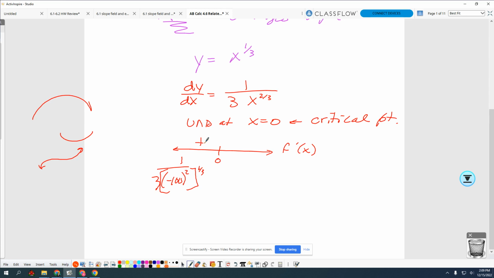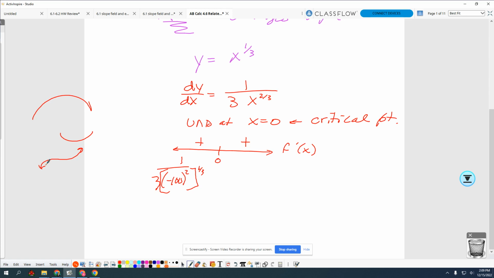Isaiah, when I plug in 8 million, what do I get? Still positive. Still positive. So then, Tessie, this critical point, is it a maximum, a minimum, or a neither? Okay, so, Mael, can you repeat what you said about the exponents?